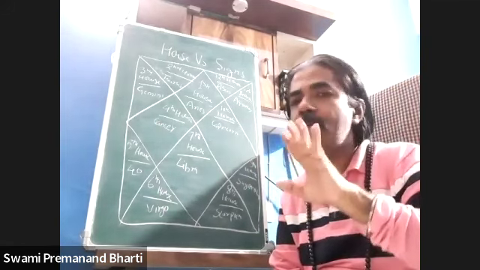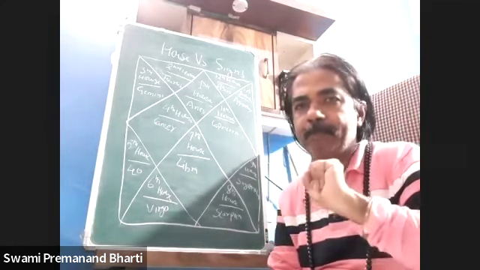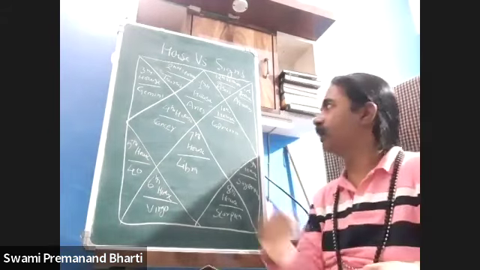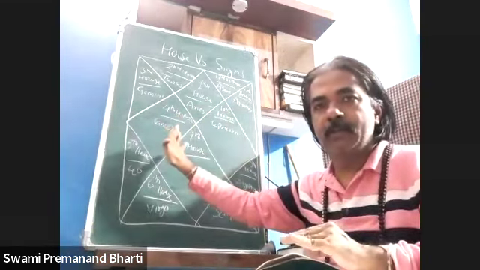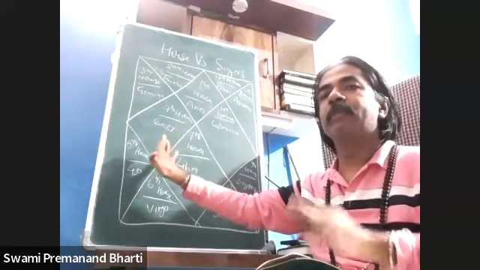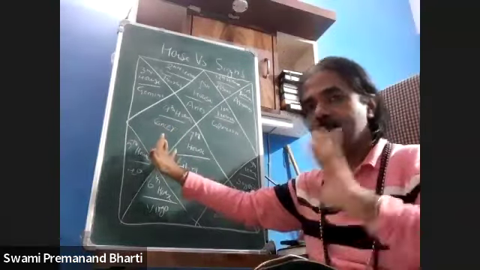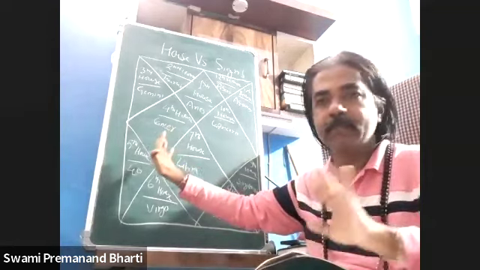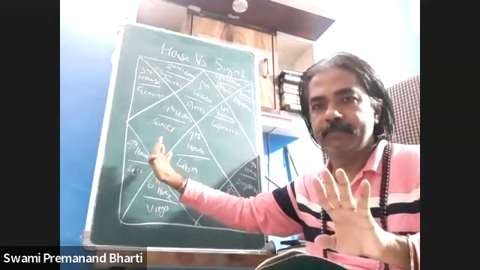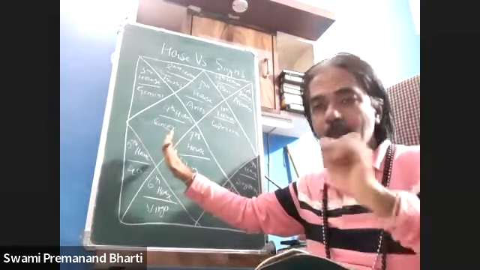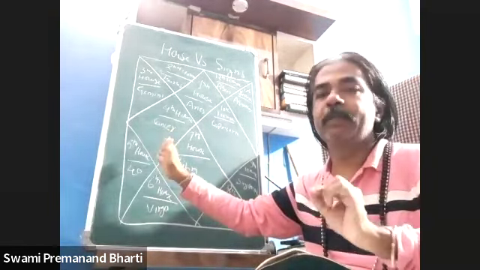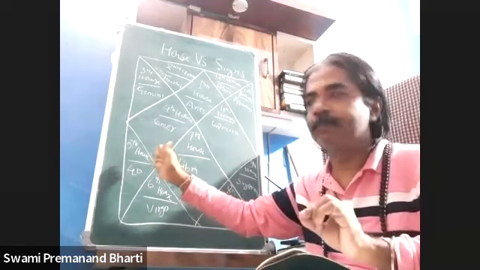It doesn't represent the people. Okay, let me give you an example. Fourth house represents mother. Cancer will represent motherly nourishment. Cancer will not represent mother. Cancer will represent motherly nourishment. The quality of mother will be represented by Cancer.